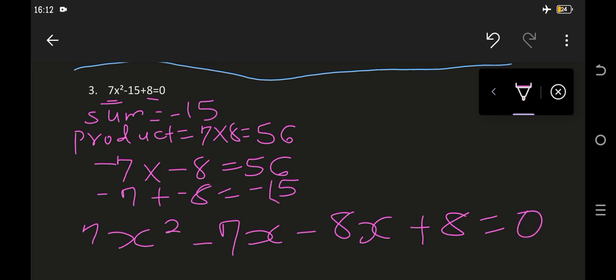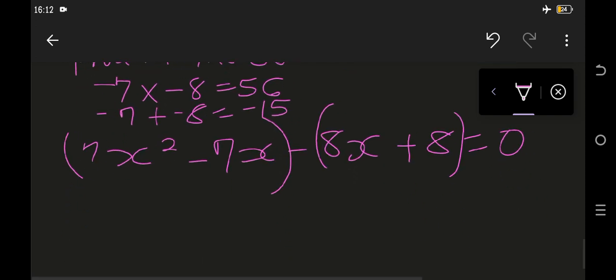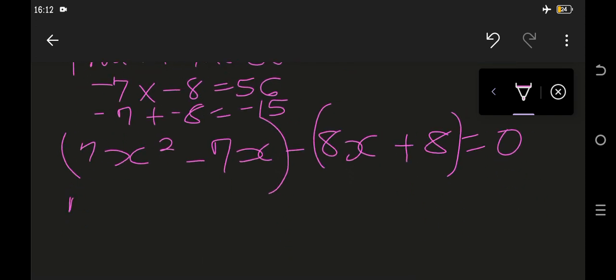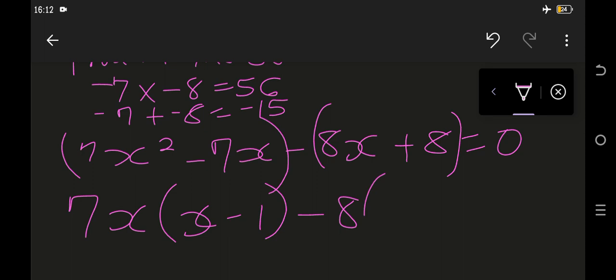Now let us factorize. You will have 7x into x minus 1 minus 8 into x minus 1 is equal to 0. Why are we taking this as negative?